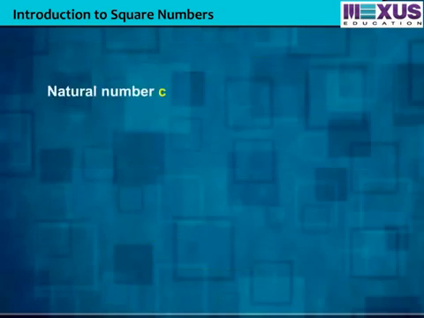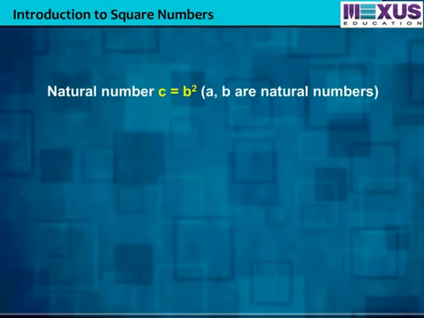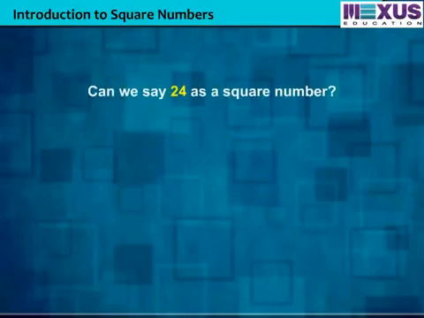Generally, we can say a natural number c, which can be expressed as b square, where b is also a natural number, is a square number. For example, can we say 24 is a square number?